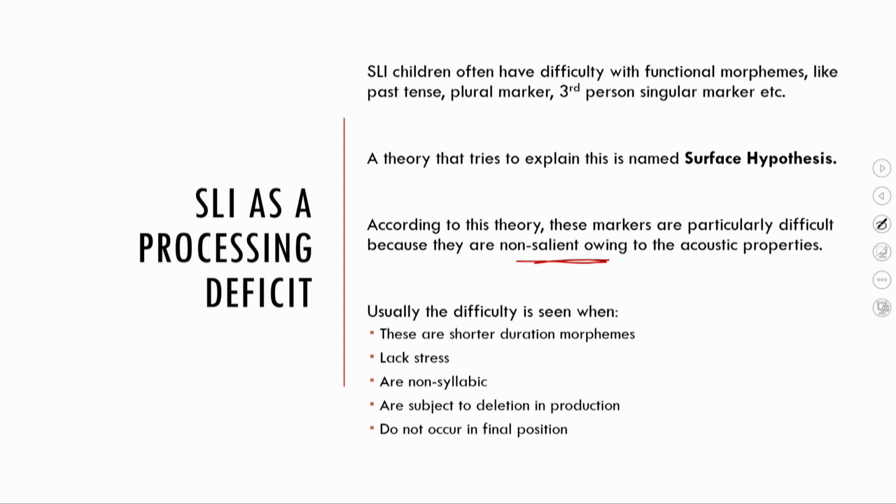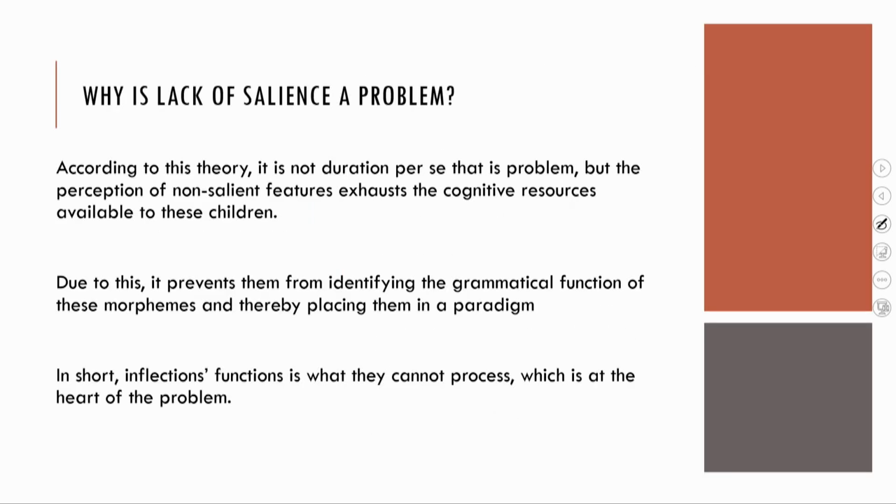In SLI also, the processing difficulty arises because these features are non-salient, they are below the radar, so to say. Difficulty is usually seen when these are morphemes of shorter duration, lack stress, are non-syllabic, are subject to deletion in production, and do not occur in final position. If these are the cases, then that is when you find them having an issue with producing them.